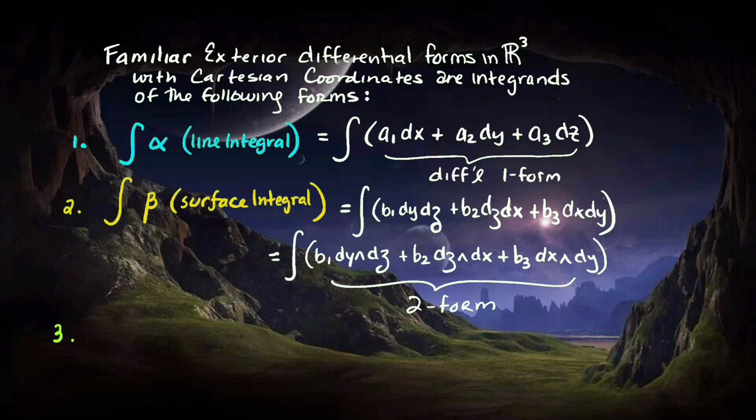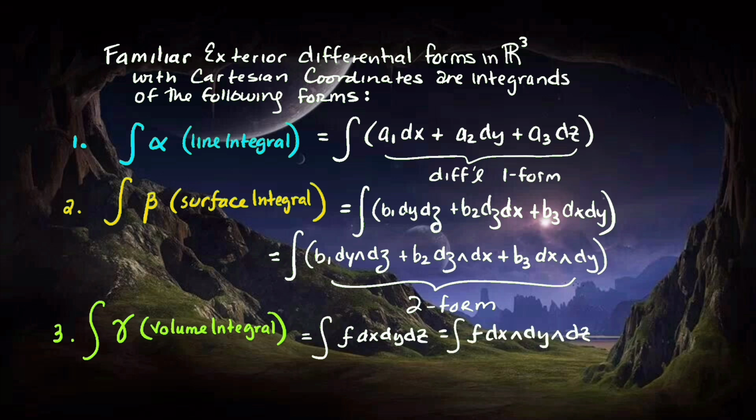That's a 2 form. And for a volume integral, the integral of gamma can be expanded here. And because in R3 a volume integral would be a top form, then we have a more simplified version of that integral for the 3 form.